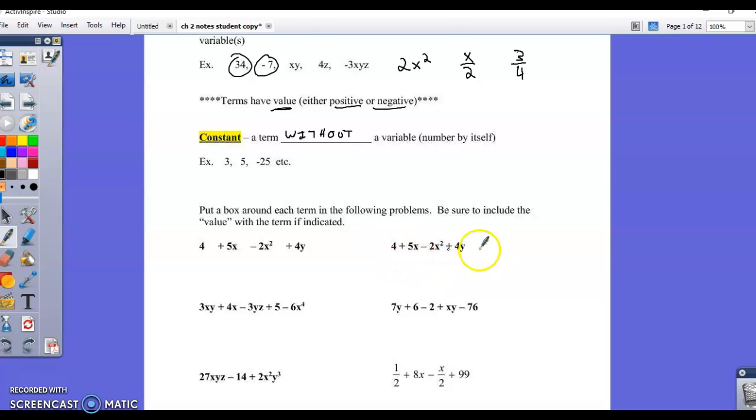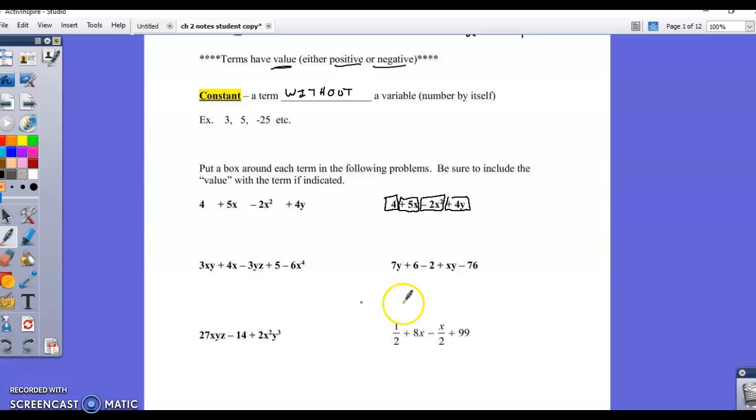So again, here it's the same thing, but if I am separating the terms, I am grouping them together to show that separation. All right, so I have a 4, positive 5x, a -2x squared, and a positive 4y. Here it visually looks like it's a little bit better. Here we're just showing how they're different.